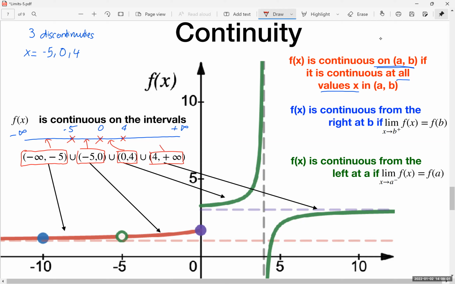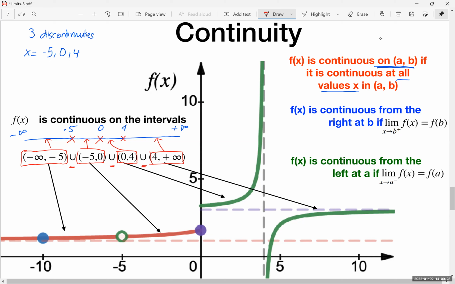And the fourth one is from 4 to +infinity. So the function f of x is continuous on these 4 intervals, and you can combine the 4 intervals together using the union notation. This means combinations of these open intervals.